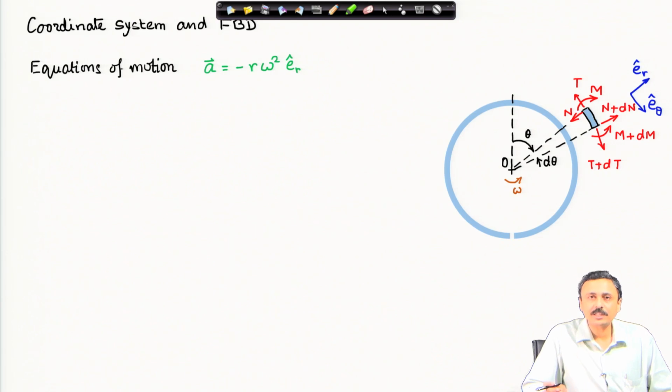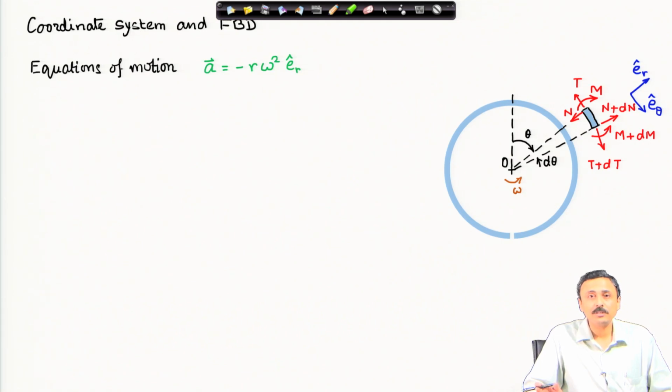Now, the acceleration of that element: this element is small enough, it is an infinitesimal element, so its location coincides with the center of mass. Acceleration of this element in plane polar coordinates: the only term that remains is the centripetal acceleration, because its radial coordinate is not changing, and it does not have any radial velocity.